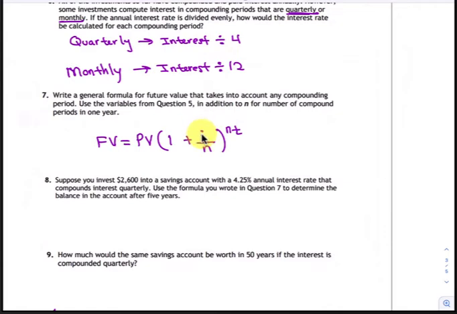And this time we have to divide the interest rate by the number of compounding periods, so the interest rate would be divided by n. And then, because you have n compounding periods, the t in the previous formula needs to be multiplied by n. So here is your compounding formula where you are compounding n periods in a year.